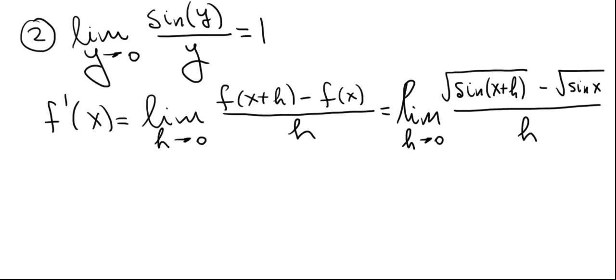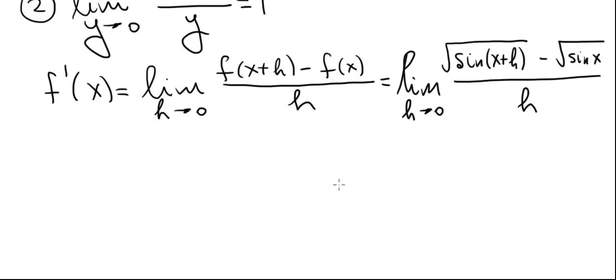So we have to do something to get rid of that indeterminate form 0 over 0, express it in a different way. The first step we're going to do is multiply both numerator and denominator by the conjugate of the numerator. So this will look like this.